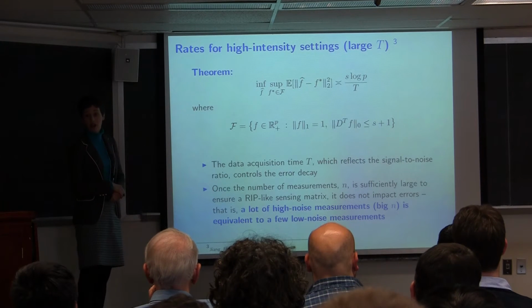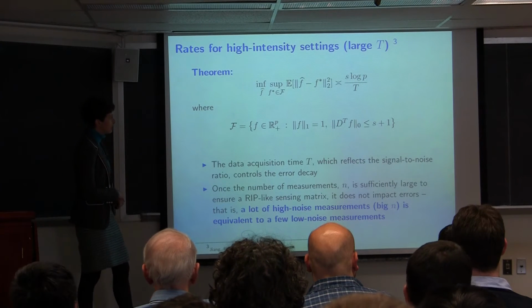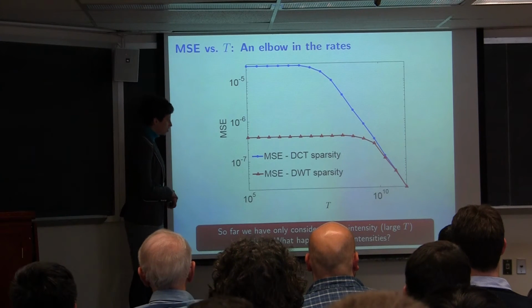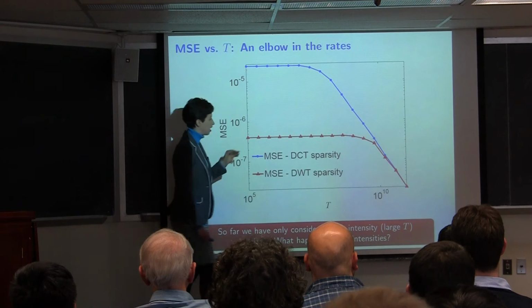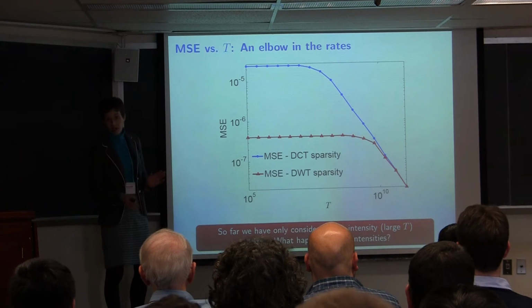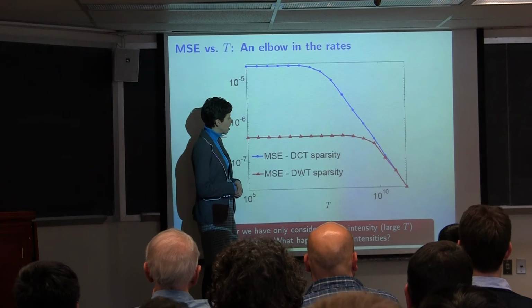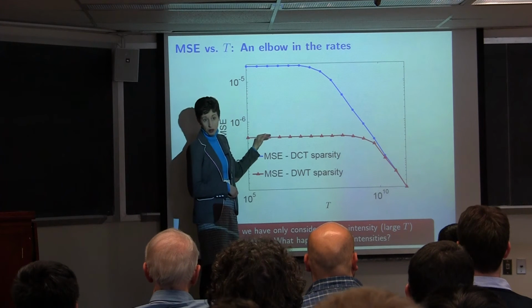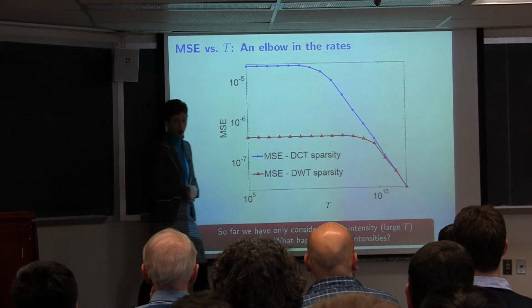Okay, so this is what happens for large values of T. We actually simulated this kind of setup, and we see that for large values of T, the mean squared error is decaying like 1 over T, just like the theory predicts. But this isn't happening for all T. As I said before, this is only true for large values of T. We see that there is this elbow in the rates, and when T is not big enough, we actually have pretty poor rates.